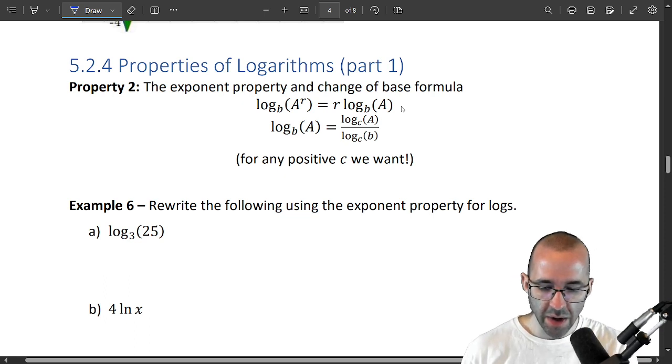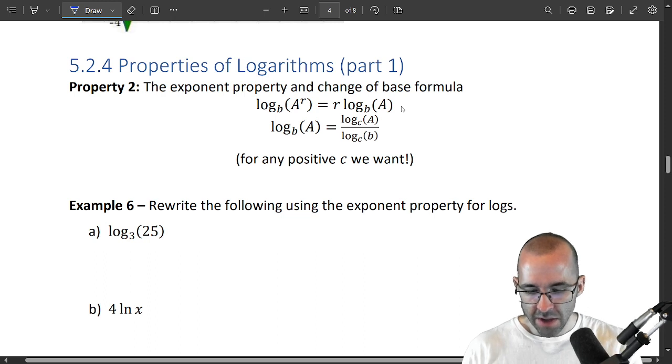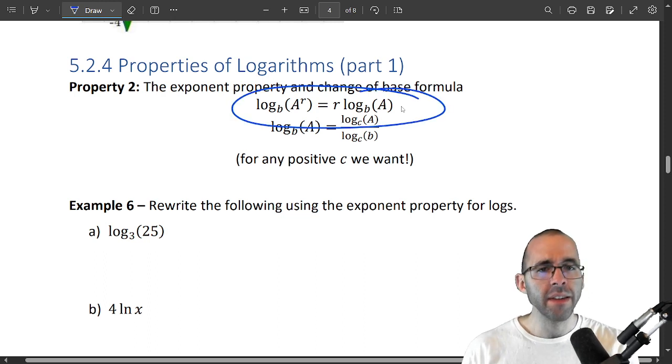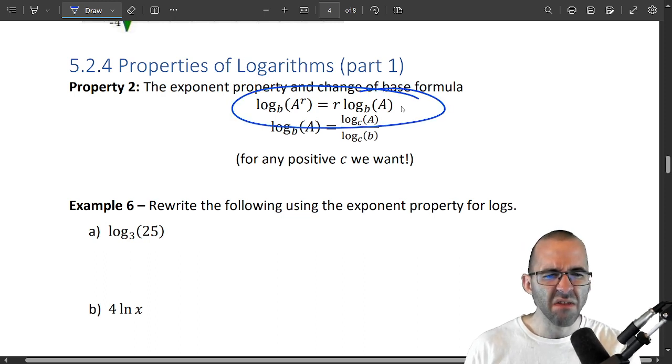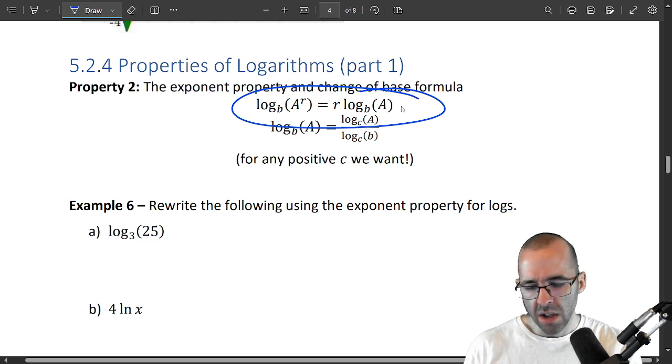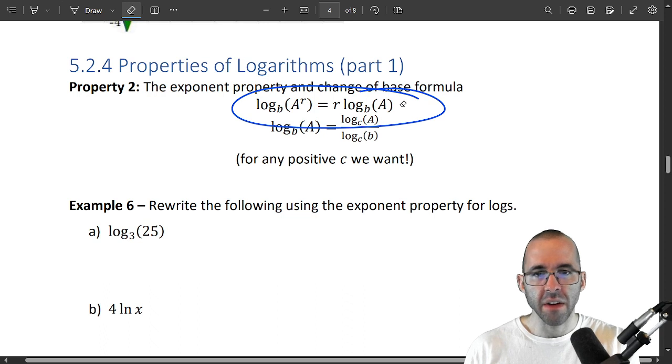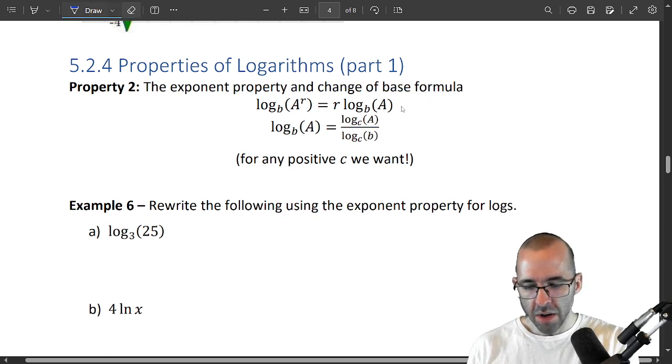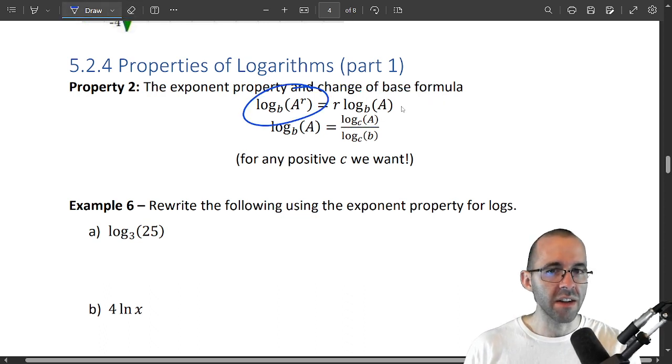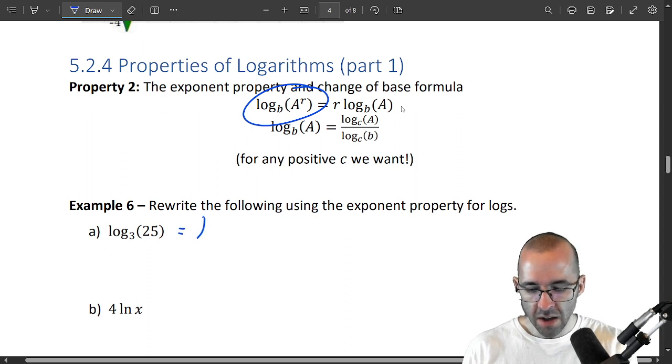So this one says rewrite the following using the exponent property for logs. So we need to use this property. Not obvious how, because there's no r in front, and I don't see an exponent either. But my claim is that we actually do have this thing on the left. Why?